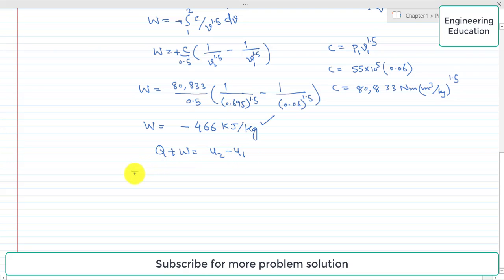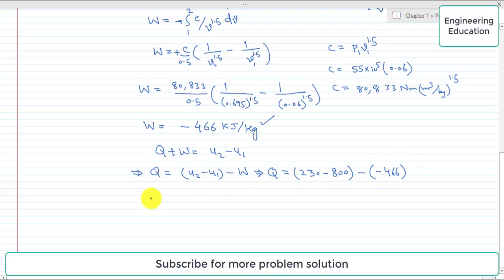We are interested to find the value of Q, so Q is equal to U2 minus U1 minus W. Putting the values, U2 is 230 kilojoule per kilogram, minus U1 given as 800 kilojoule per kilogram, minus W, which is minus 466 kilojoule per kilogram.